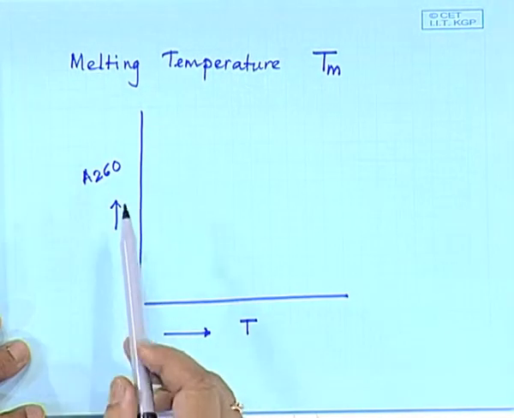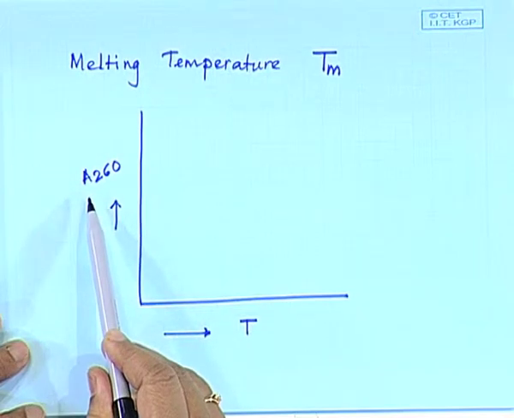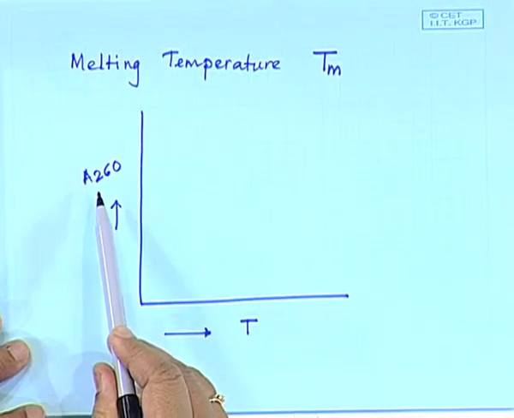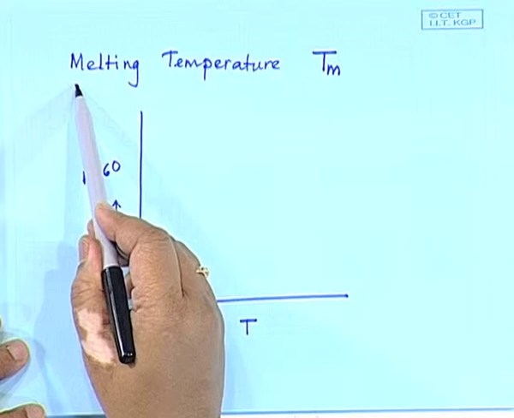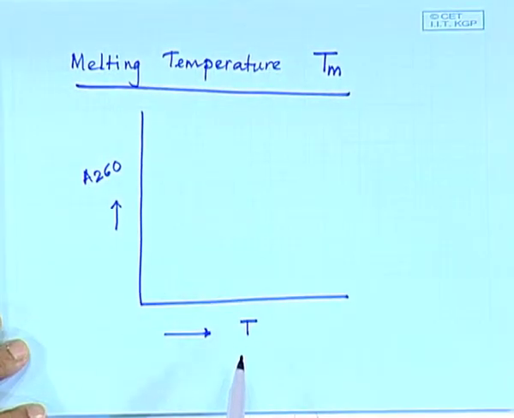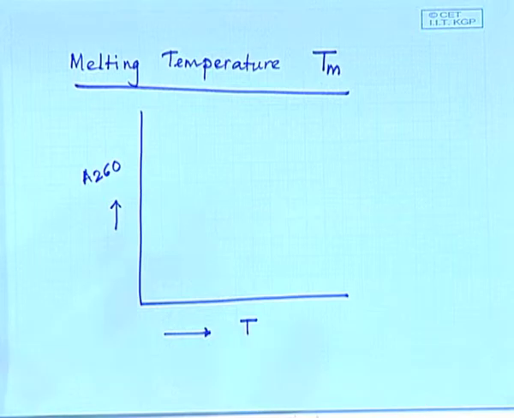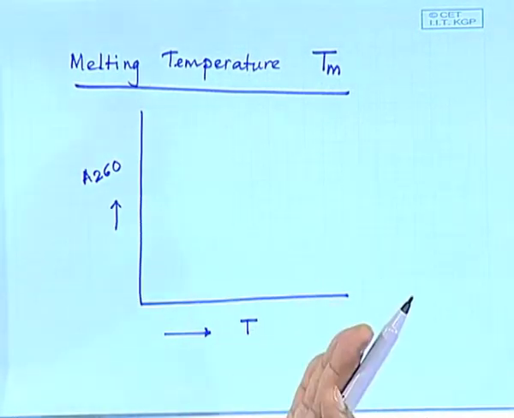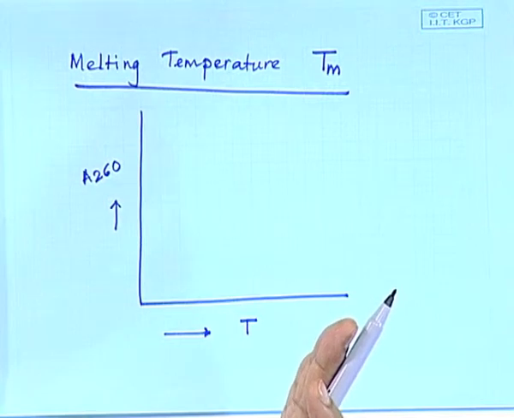I am going to monitor the absorbance with temperature. As I increase the temperature, what is going to happen to my double stranded DNA? It is going to come apart, right.